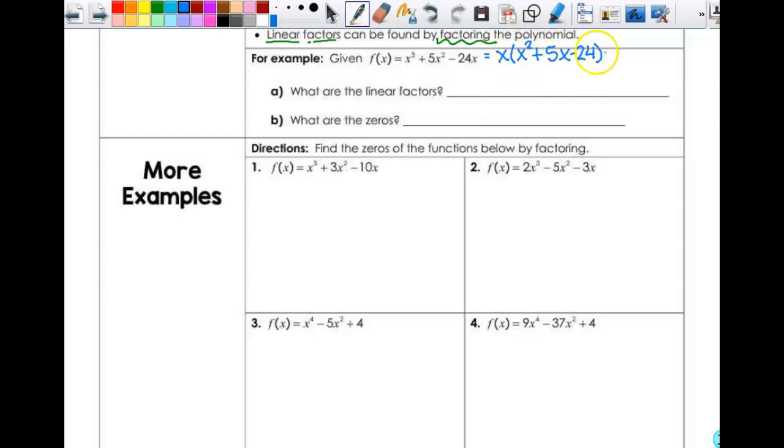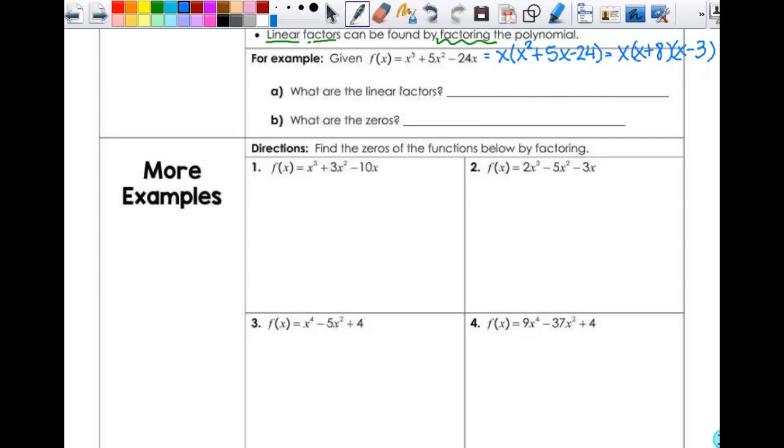Since a is 1 right here, I can jump to parentheses, but I can't leave off my x. I know this is going to be x and x. This is negative, so my signs are opposite. I need 2 numbers that multiply to give me 24 and subtract to give me 5. 8 and 3. Very good. That is my fully factored form. We all agree with that? We're like experts at that, right?